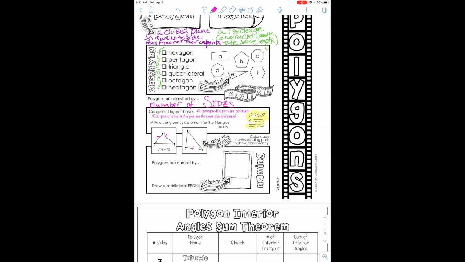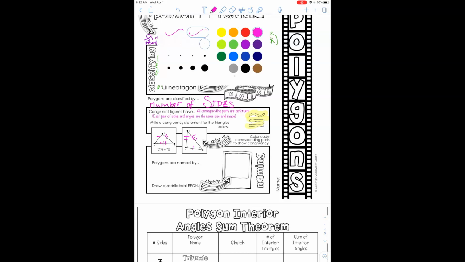GI is congruent to SU, and IH is congruent to ST. So those little lines show you which sides match.